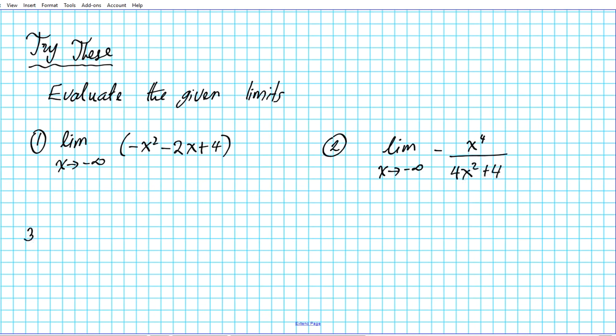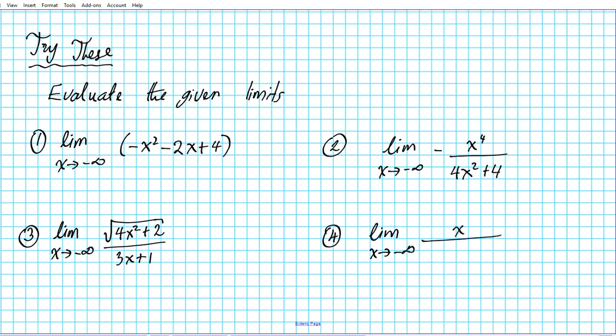Number 3, what if you're to find the limit as x approaches negative infinity of the square root of 4x squared plus 2 divided by 3x plus 1. Question 4, what if you're to find the limit as x approaches negative infinity of x divided by x squared plus 2x plus 2.